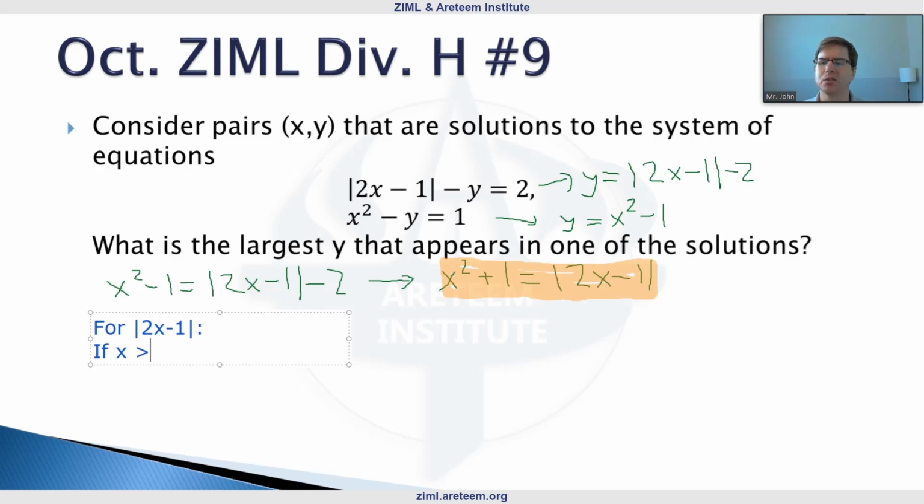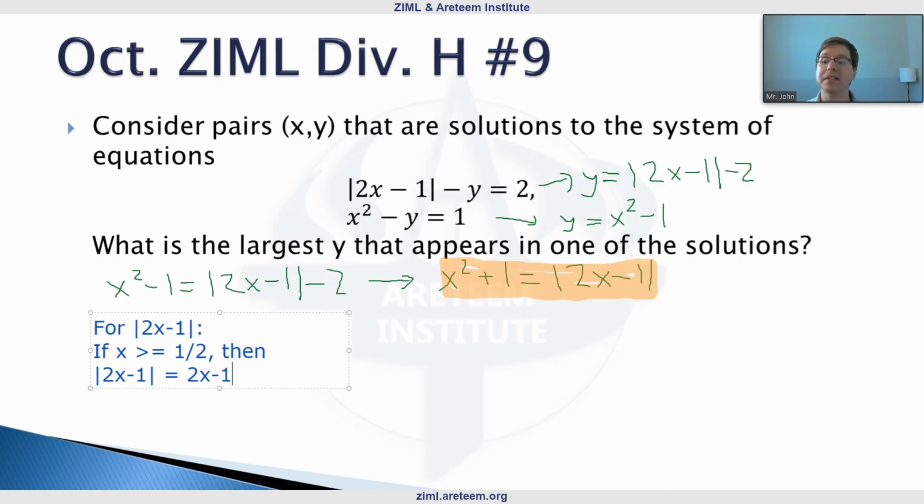If x is greater than or equal to a half, then the absolute value of 2x minus 1 just becomes 2x minus 1. If you plug in 1, 2x minus 1 when x equals 1 is 1, so that stays the same. 2, 3, all of those values, it just becomes 2x minus 1.